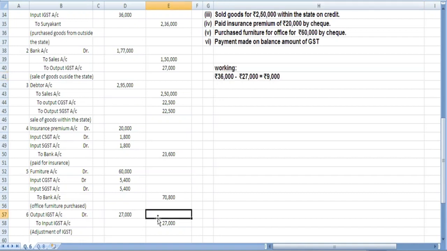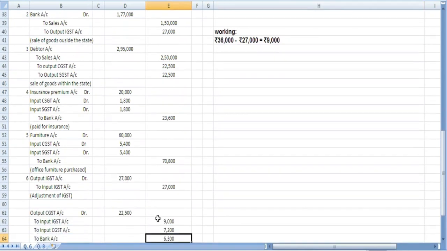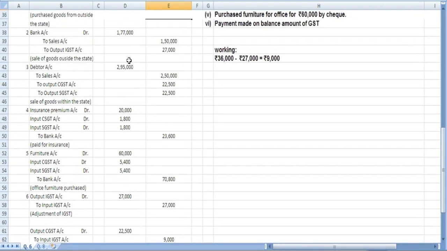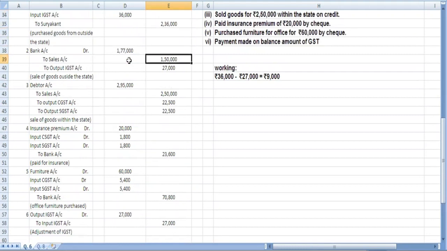Next we came to our output CGST. From here we found that our output CGST was 22,500. So we adjusted this with our input CGST 1,800 plus 5,400.